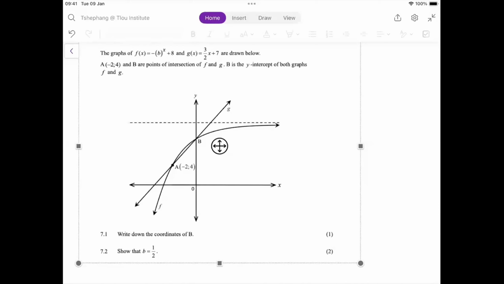I'll give you guys 20 seconds to attempt that question. The coordinates of B. You don't even have to calculate. It's as clear as daylight. Usually when they say write down, they don't want you to do any complex calculation.